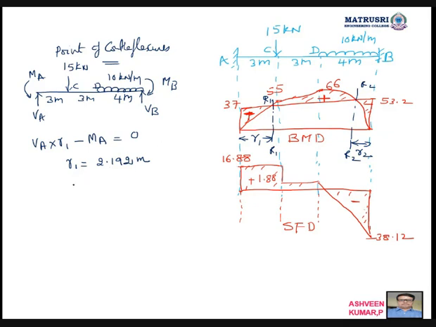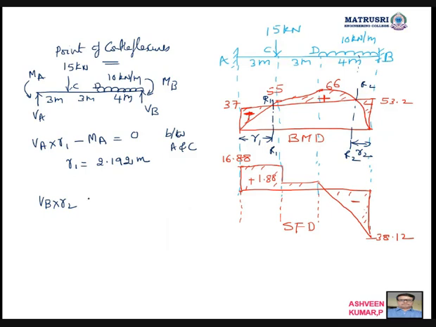Now similarly, it is in between A and C. Similarly, if I come from B and D, I am cutting a section here. So what we can write here? VB into R2, anticlockwise positive.